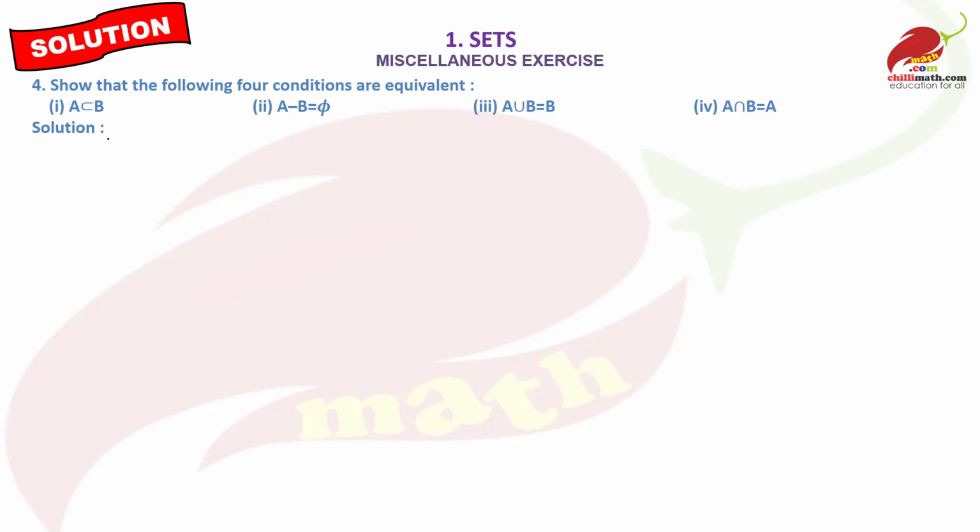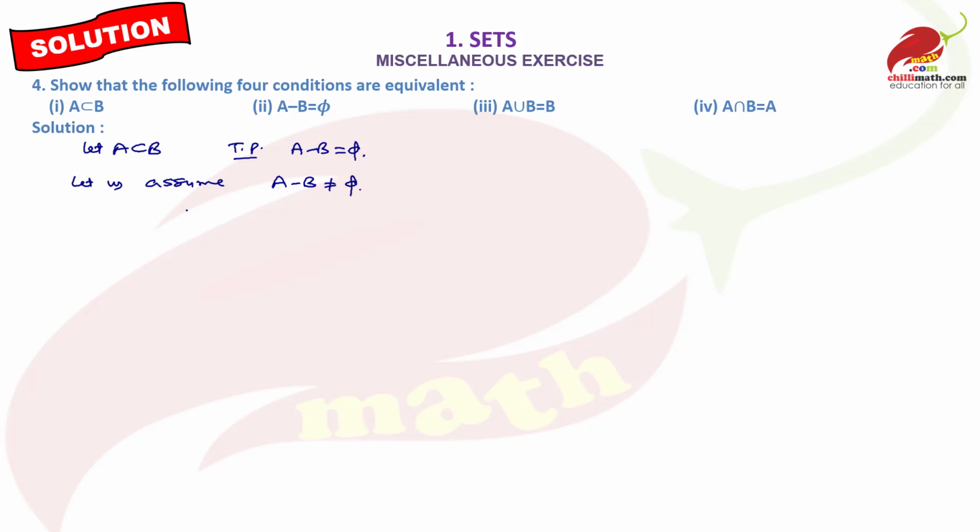So let's solve by showing that first and second are equivalent. So first we assume, let A be a subset of B. Now we have to prove A minus B is equal to phi. So let us assume A minus B is not equal to phi.